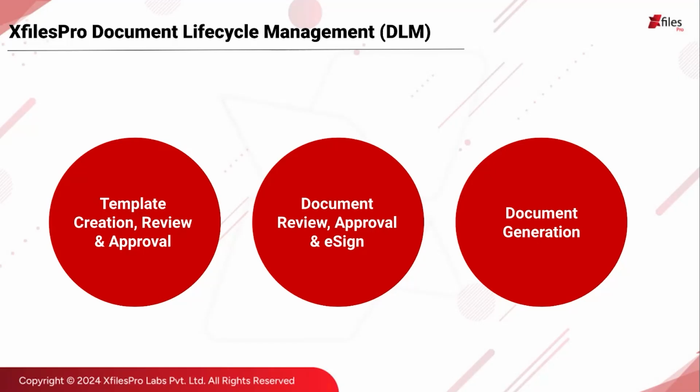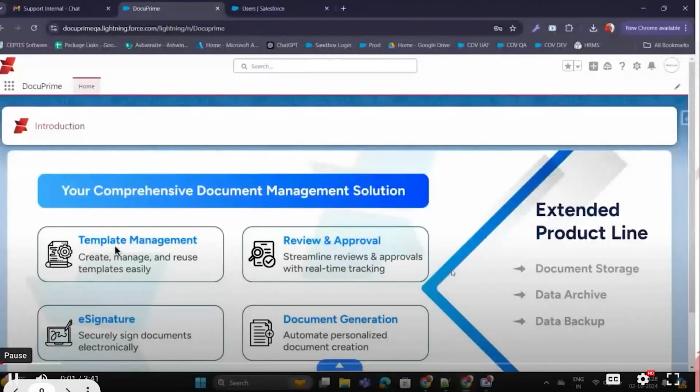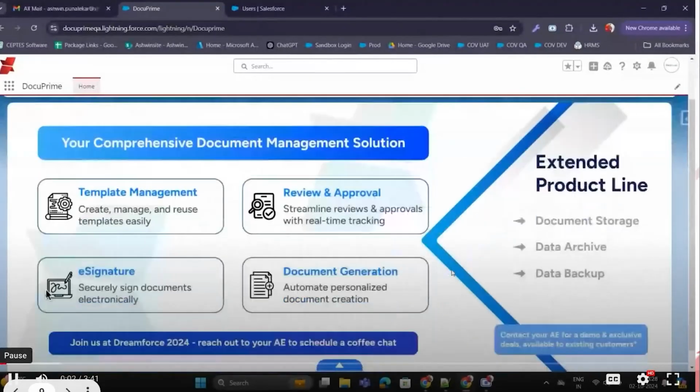I'm going to show you a few quick videos where you can see the entire app and how things have been streamlined. So let's begin with the template creation, review, and approval. You can see here, this is the home page of the XfilesPro document app.